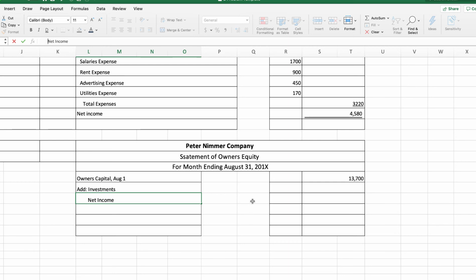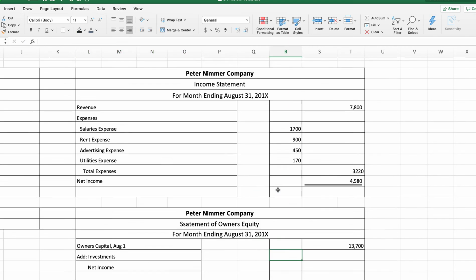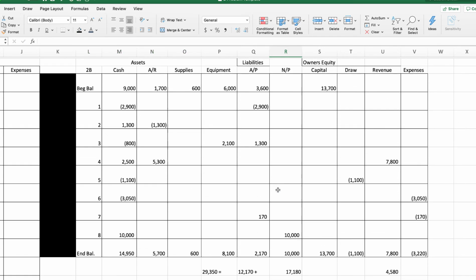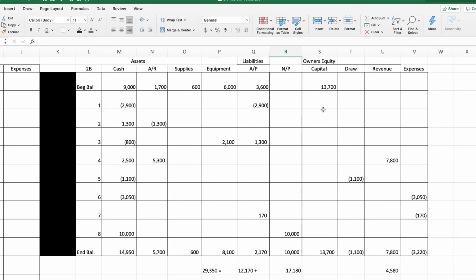Okay, so did the owner, and let's go up and look at our transactions, did the owner contribute any money? Did he make any additional investments? Okay, now I'm going to go ahead and assume that somebody is thinking, well, yeah, he invested money. He invested $10,000. Yeah, he really didn't invest $10,000.